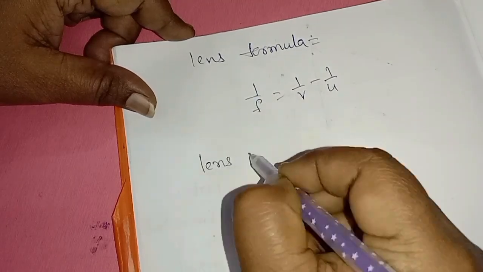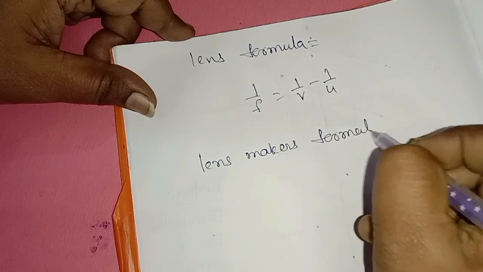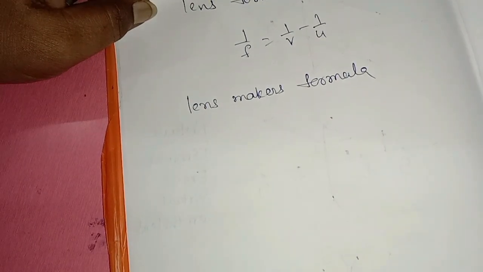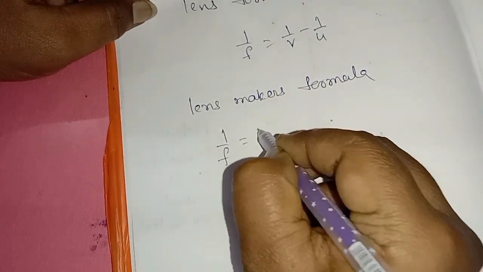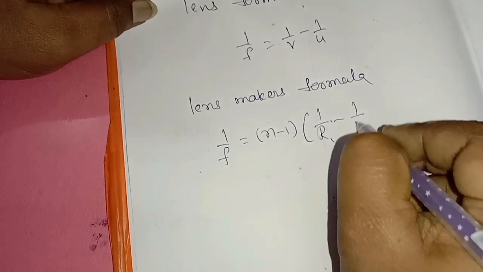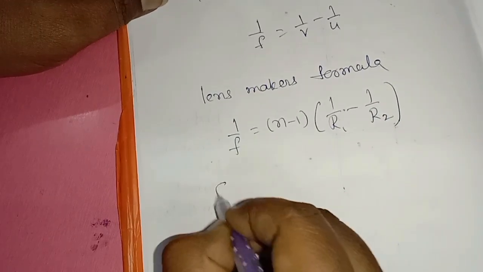Next, the lens maker's formula: 1 by f equals (n minus 1) into (1 by r1 minus 1 by r2). What is f?